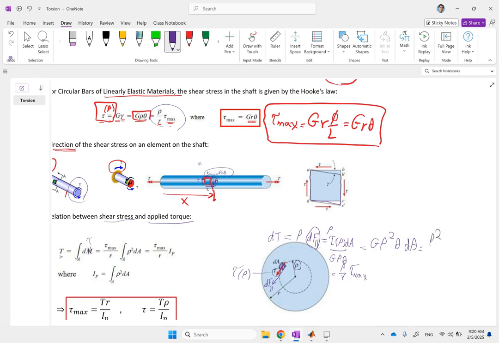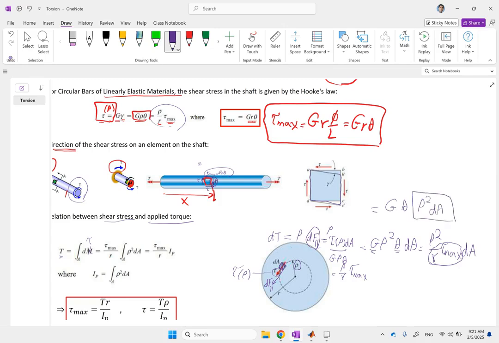It is going to be rho squared again divided by R, tau max and dA. Now, in either case, the terms R and tau max come out because they are constant, or in this case, G and theta will come out, and the term that stays is going to be rho squared dA.